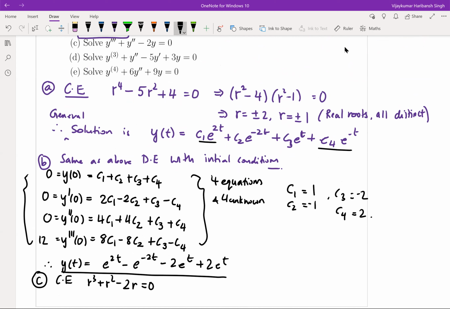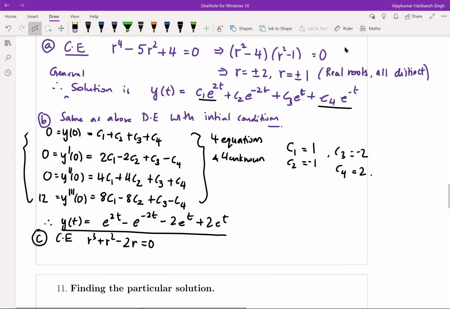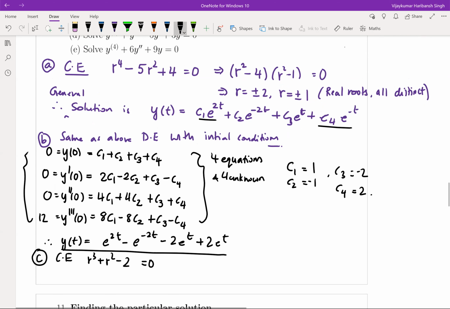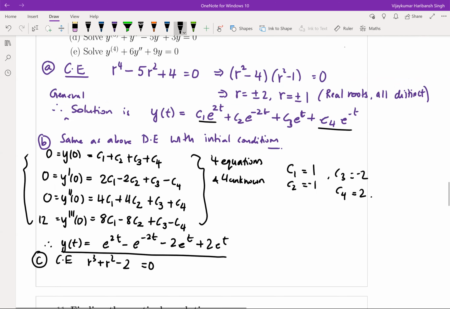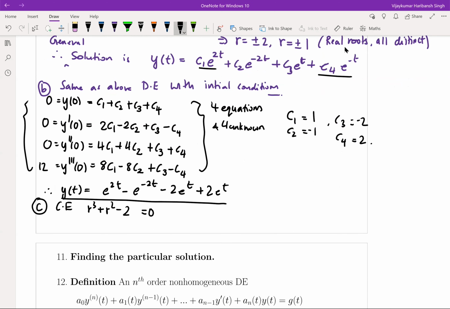Now we need to solve this equation. By inspection, you can see that 1 is a solution for this one. So let's factorize r minus 1 out of it: r cubed minus 1 plus r squared minus 1 equals 0.